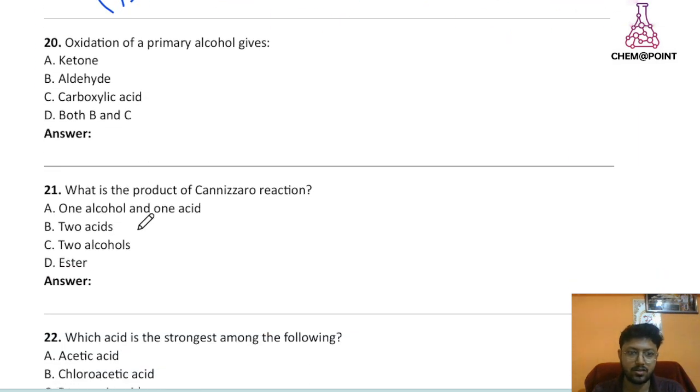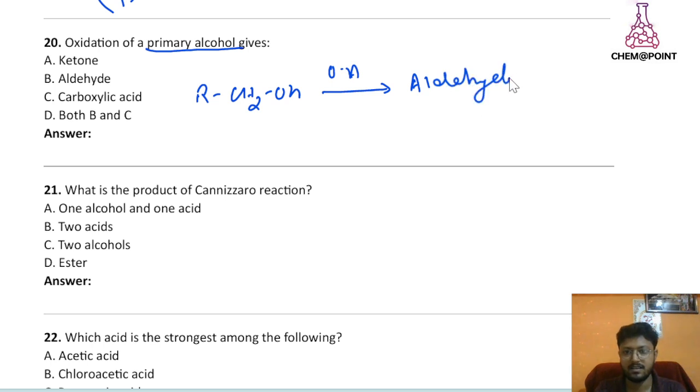Then question number 20. Oxidation of primary alcohol, CH2OH, with an oxidizing agent: first it gives the aldehyde, then again oxidation gives carboxylic acid.